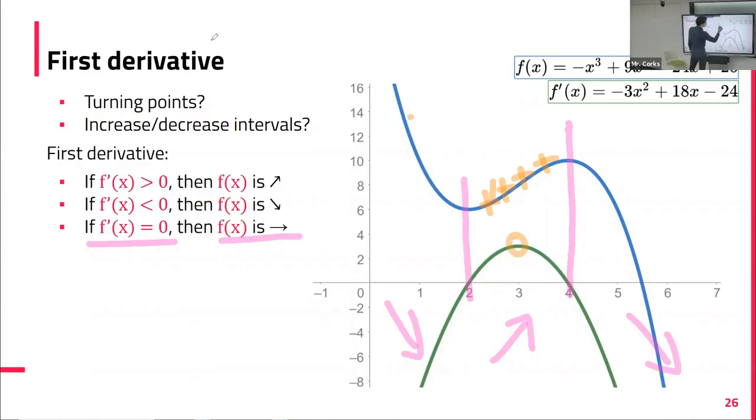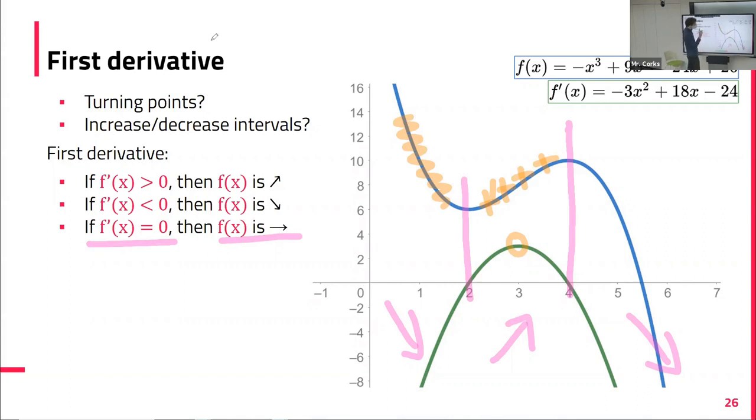But let's also notice on the outside here, the original function in this interval is decreasing. What do we notice about the first derivative? It's negative. That's our connection: decreasing means slopes are negative. So the y values of the first derivative here are negative.